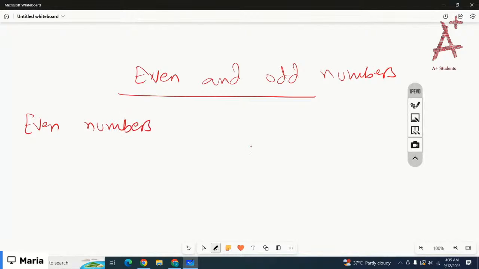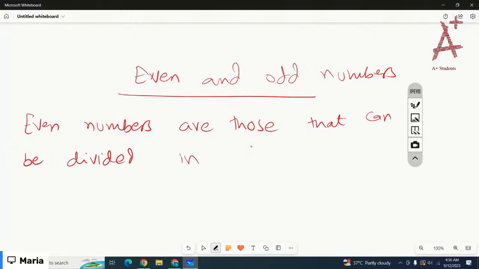Even numbers are those that can be divided into two equal parts, right?